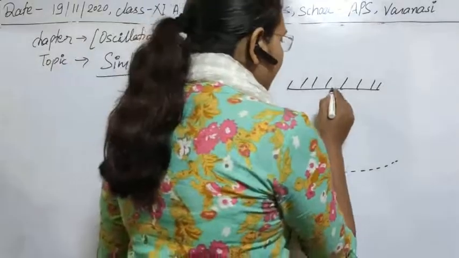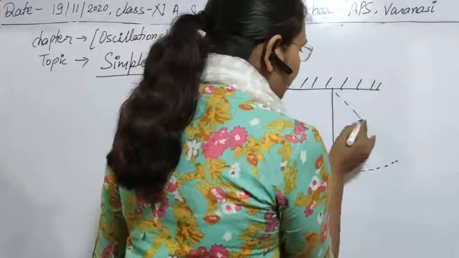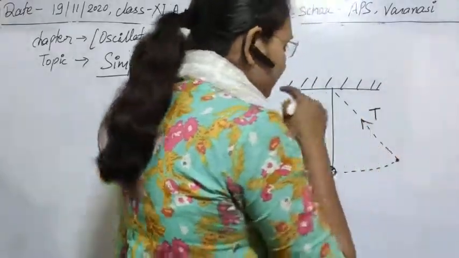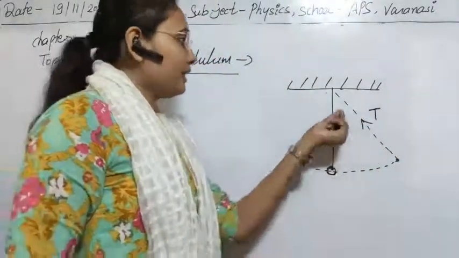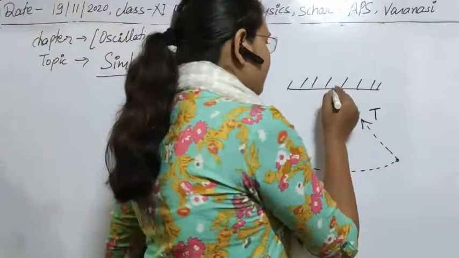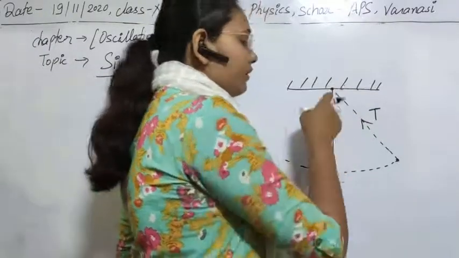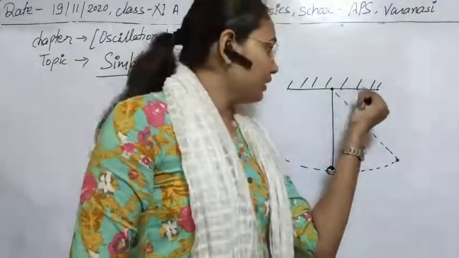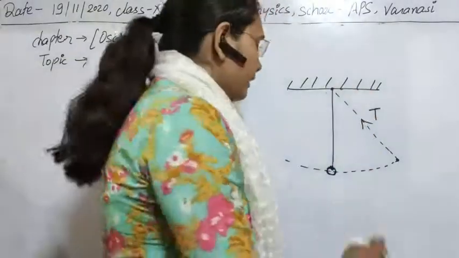Basically, on the body there are two types of forces acting. First, there will be some tension in the string. As this string is tied to the support, obviously its tension will act in the direction of the center.